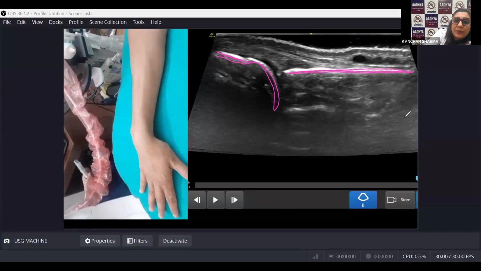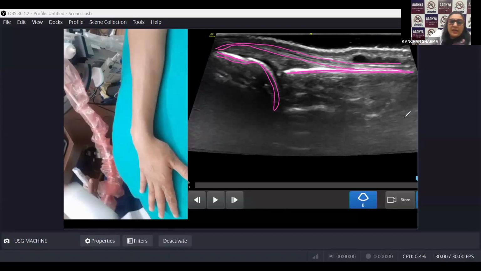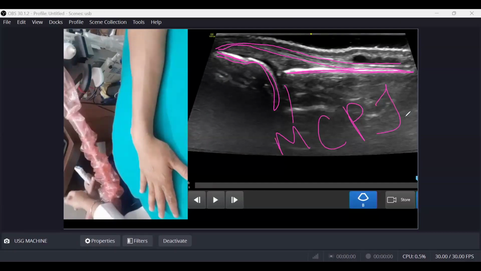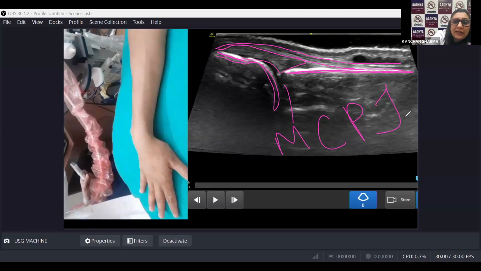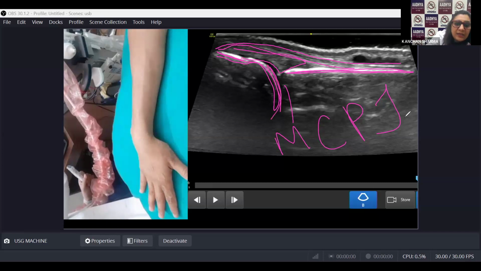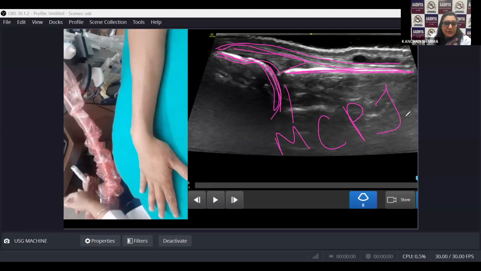And you can see a beautiful tendon going over it, right? So they are your extensor tendon. This is our metacarpophalangeal joint. And what you are seeing here is the connective tissue, okay? And the black thing you are able to see here is your cartilage.